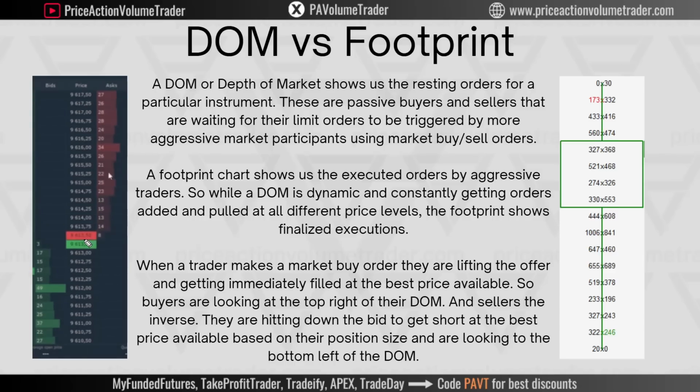So if you're a buyer, you're going to be looking at the top right, because you're looking to pair your market buy with a limit sell order. And then vice versa, if you are a seller, then you are hitting down the bid in order to get short at the best price available. And based, like I said, on your position size, that depends what price level you're going to get. And you're going to be looking at the bottom left.